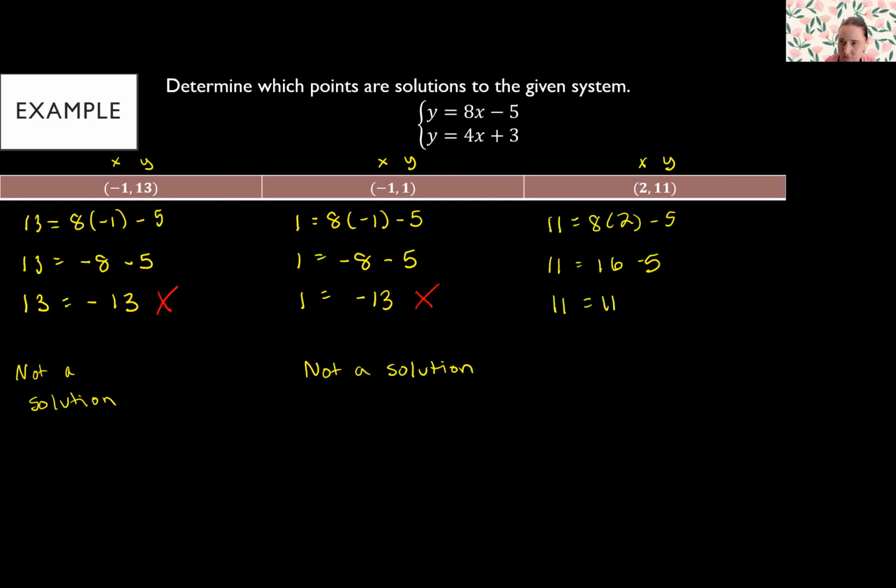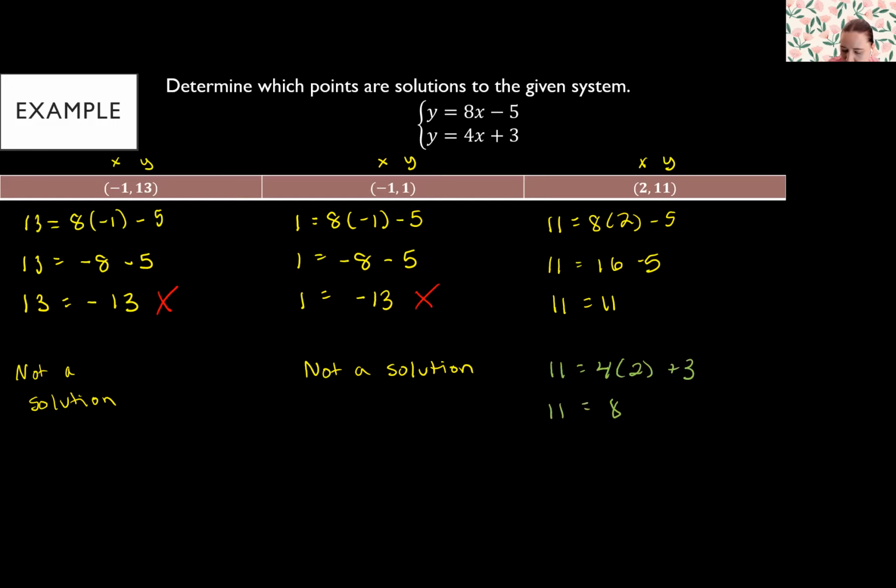So that's good. So now if it works in the first equation, now we need to check, does it also work in the second equation? So now I'm going to put it into the y equals 4x plus 3. So y is 11, and then we have 4 times 2 plus 3.